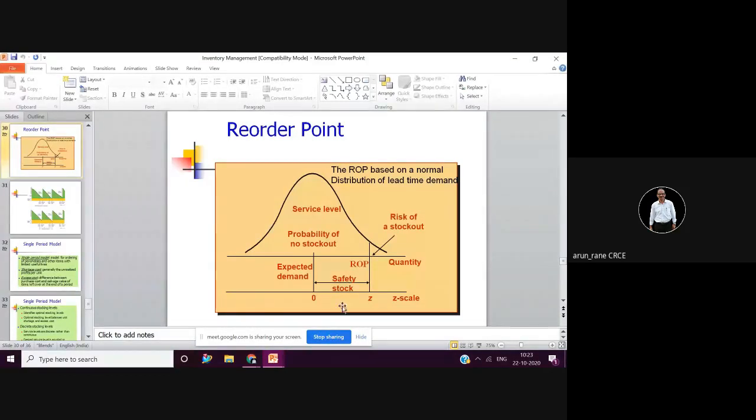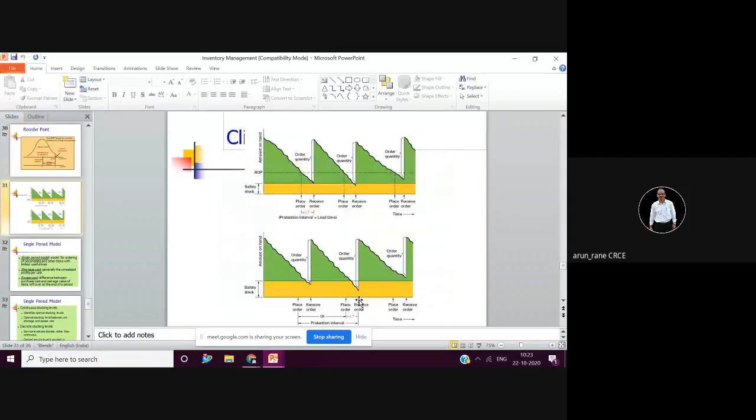So considering your expected demand, your safety stocks, and all these factors, you have to determine when to raise an order, and that is what is called the reorder point. We did not draw all these graphs, but only this graph is sufficient for the reorder point.